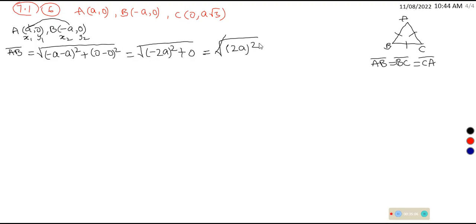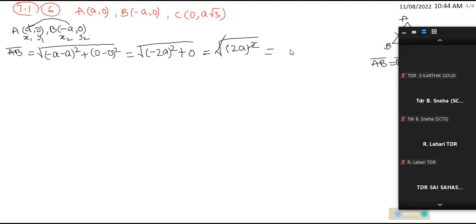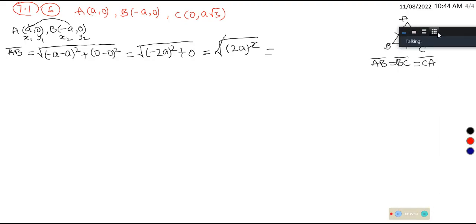Now we can cancel the square root. It is 2a units. This is the AB distance.